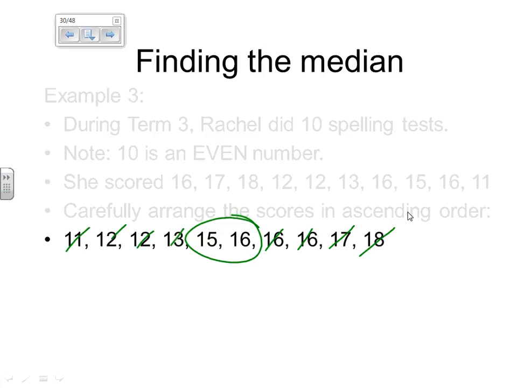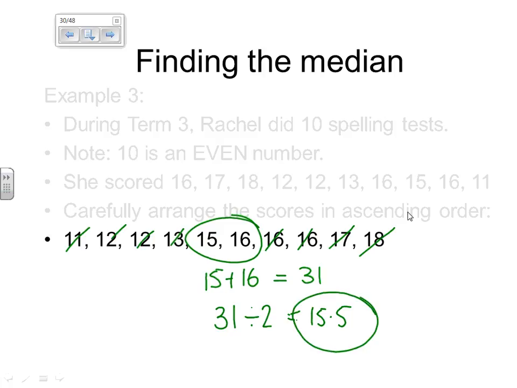What's halfway between 15 and 16? Well, we go 15 plus 16 equals 31. And we want to find halfway, so we do 31 divided by 2, which equals 15.5. And that's our median, our middle score.